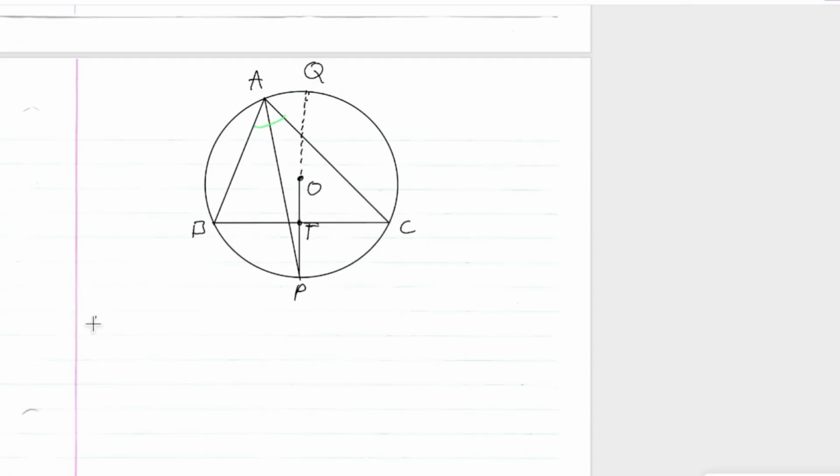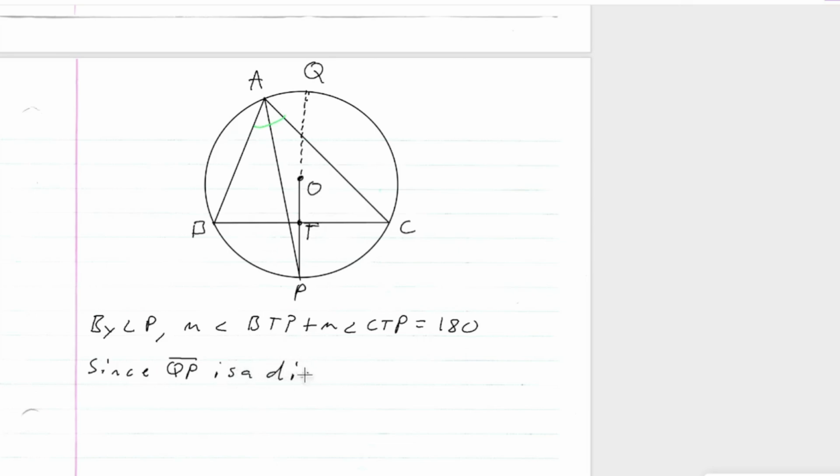So by linear pair, I know that the measure of angle BTP plus the measure of angle CTP is equal to 180 because they form 180 degrees, right? All right, since QP is a diameter for circle O, right?